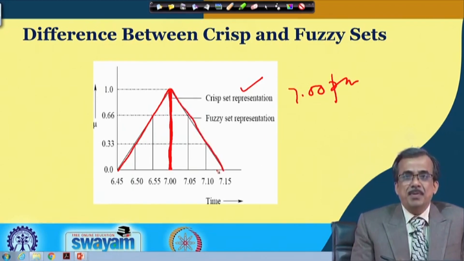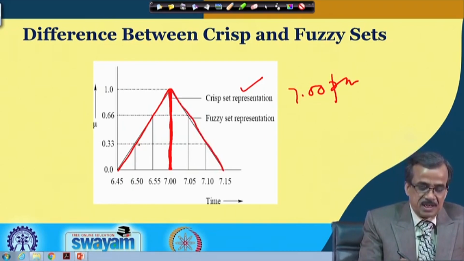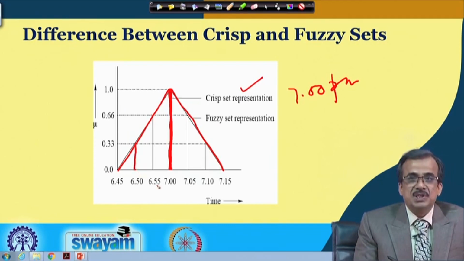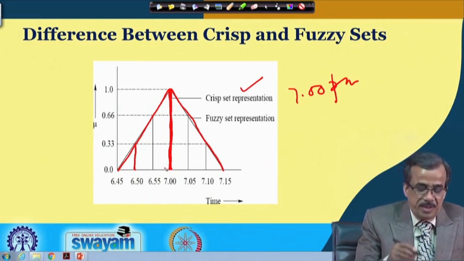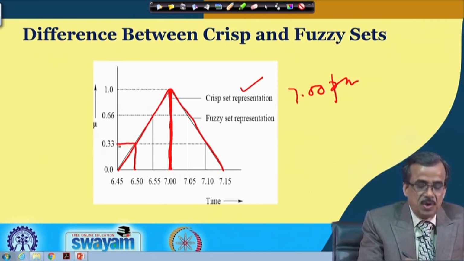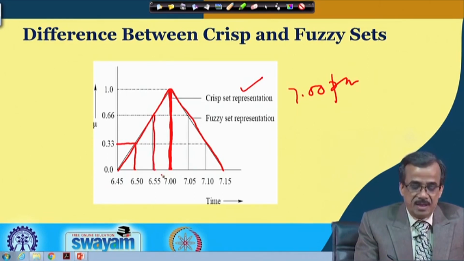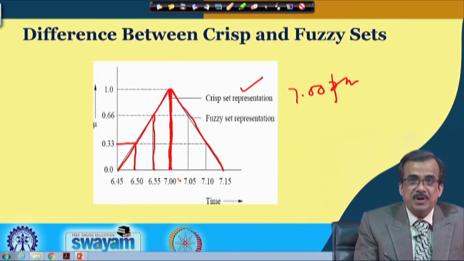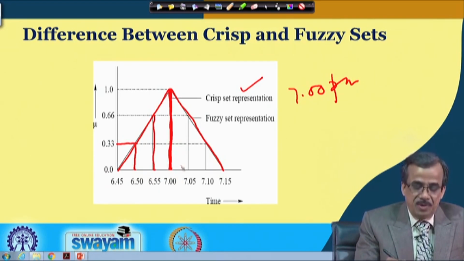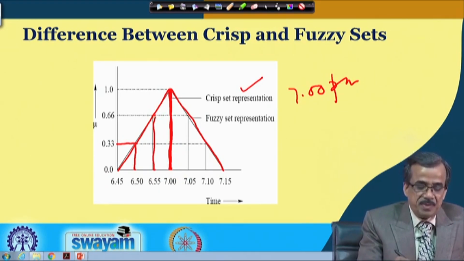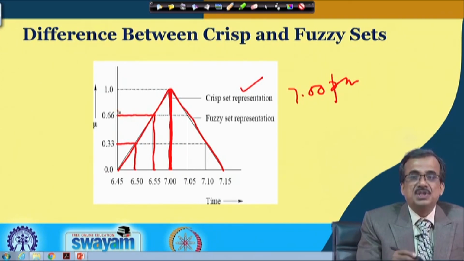That means, if one of my friends comes at 6:50, we will assume that he or she has come at 7 p.m. with the membership function value 0.33. Similarly, if a friend comes at 6:55 p.m., it is assumed that he has come for the dinner which is scheduled at 7 p.m. with the membership function value 0.66.